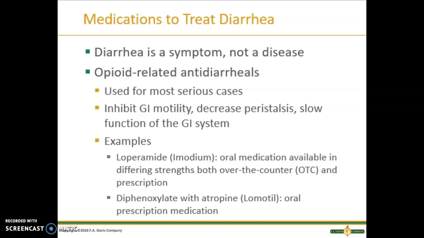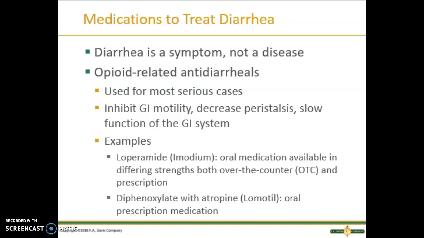Antidiarrheals are administered to inhibit the GI motility. They decrease peristalsis and slow the function of the GI system. The 2 main types of medications used for this are opioid-related and absorbent antidiarrheal medications.